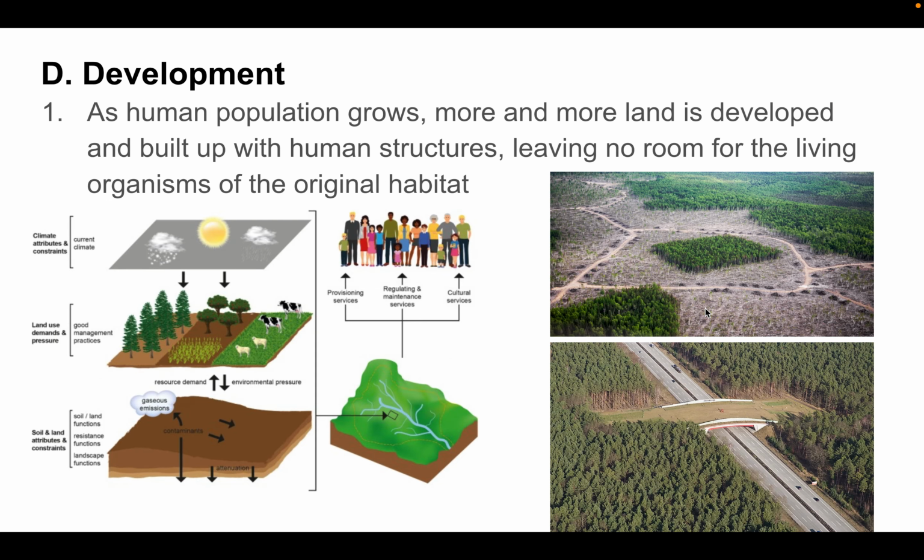And then development. As our human population continues to grow, people need places to live. So more and more land is developed and it's built up with human structures, basically leaving no room for other living organisms of that original habitat. So there are lots of different variations that go into land development. It's not just us, but climate, and what do we need the land for?